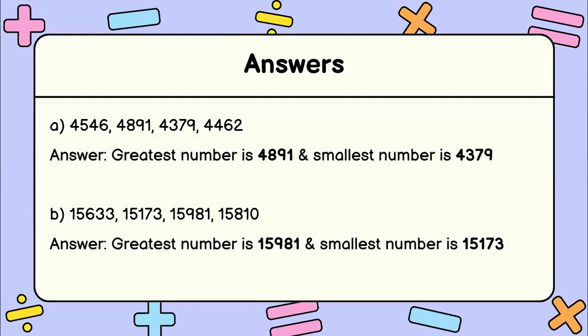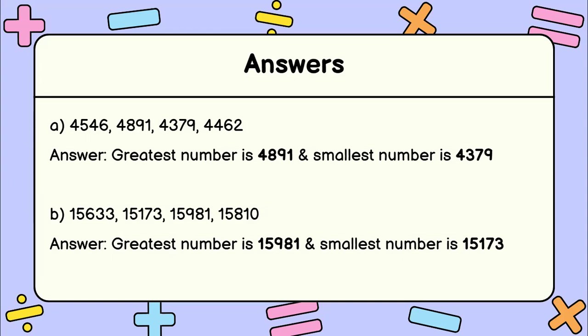Now, guys, let's skip the thousands place because they all are filled with fours. Let's see the hundreds. In the first number, the hundreds place is occupied by 5, the second by 8, the third by 3, and the fourth by 4.